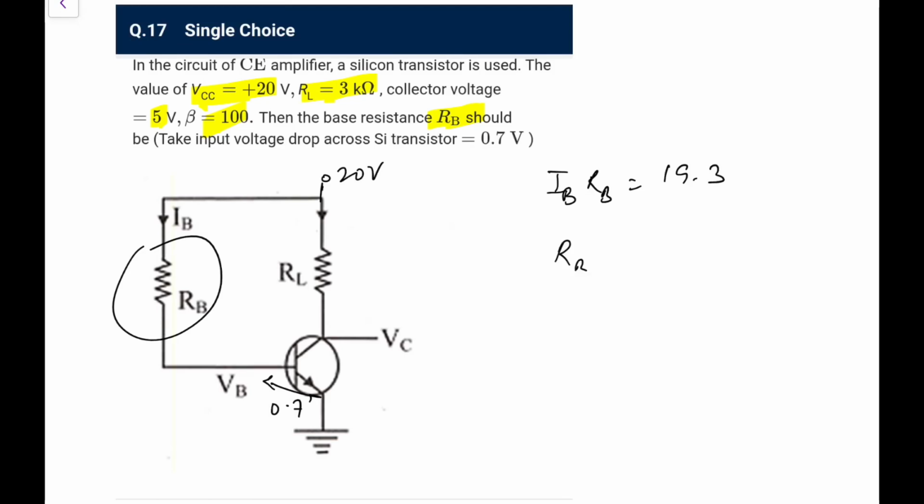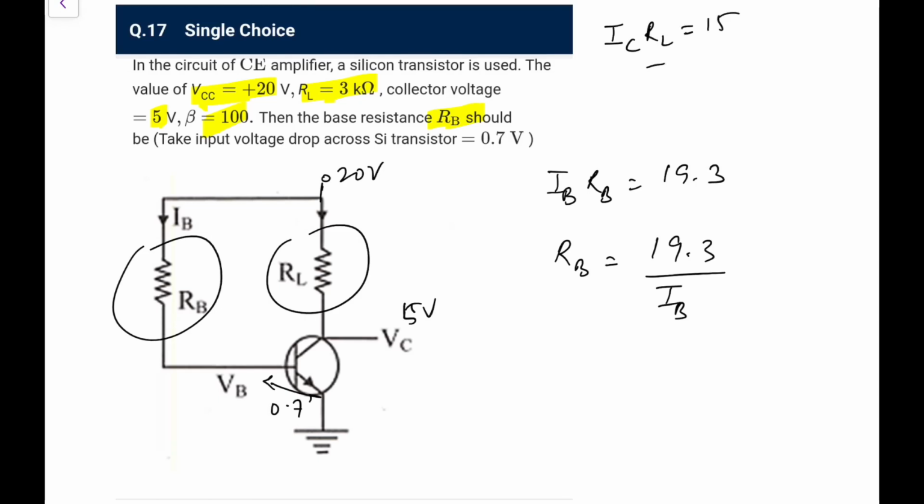So RB would be 19.3 upon IB. Now this is 5 volts, so the drop across RL is 15. IC into RL is 15, so IC is 15 upon 3 kilo ohm, that is 5 milliampere, and beta is 100, so IB would be IC by 100.